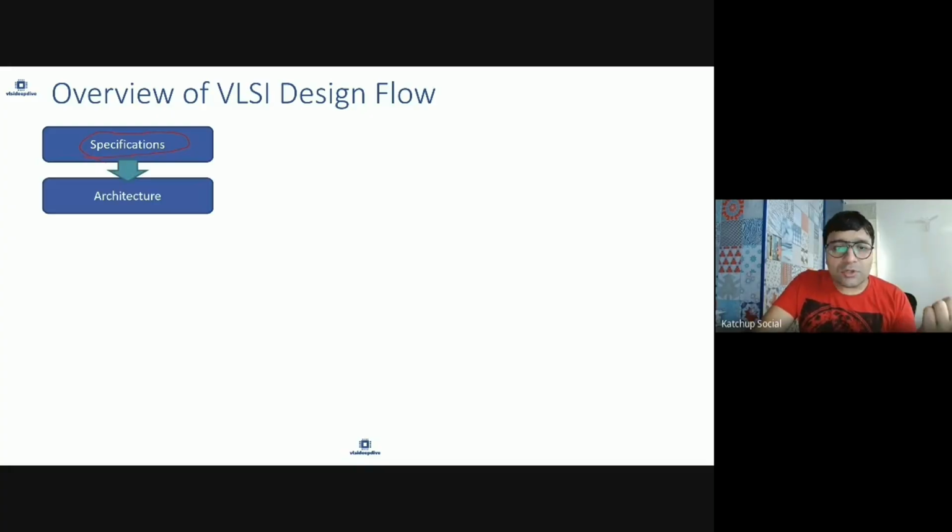Then based upon the specification, the people working at the architecture level will decide the architecture of the device: how much memory you will need, what kind of battery, what other components, what kind of ports, whether it will connect to USB or not. That all goes into architecture, and that is done at a high level by your chip architects.